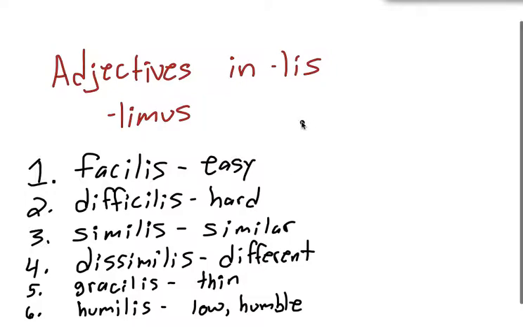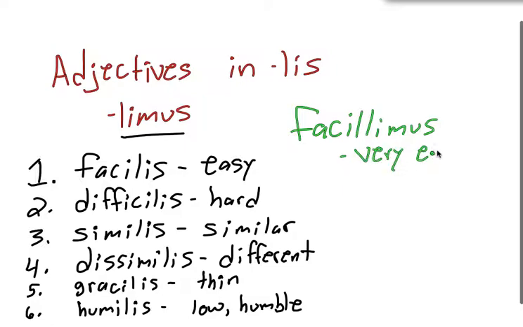Okay, so all of these adjectives add -limus to the base to form the superlative. So for instance, the superlative of facilis would be facillimus, which would be very easy or easiest.